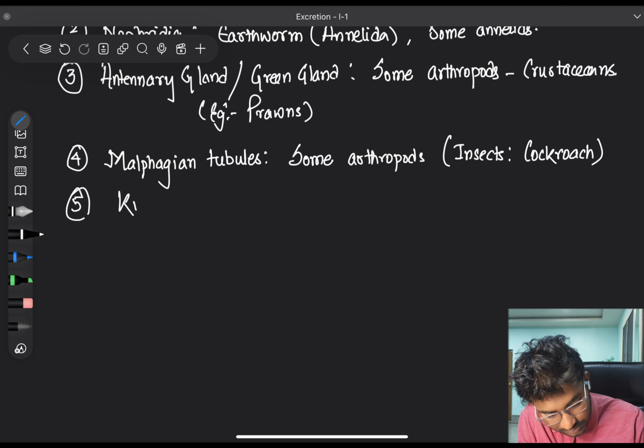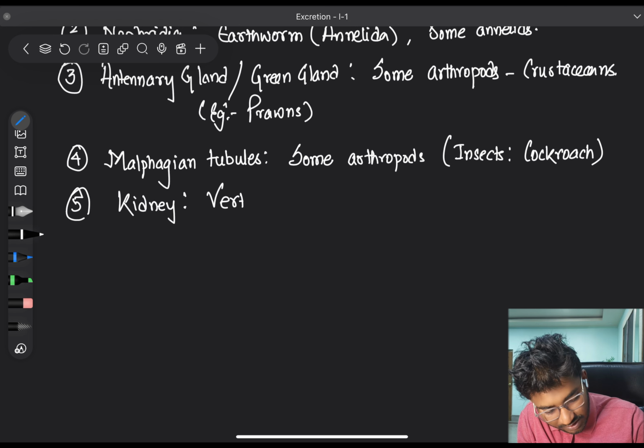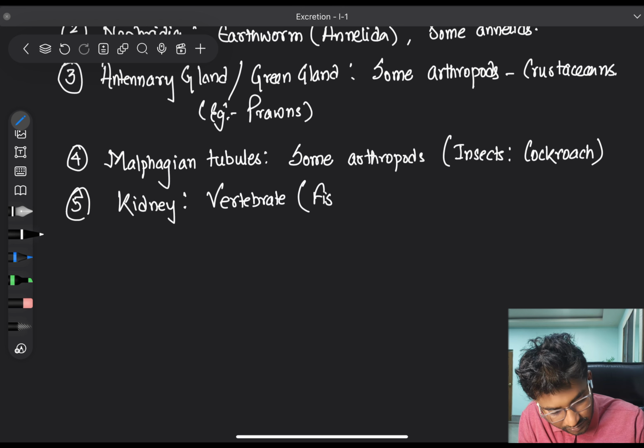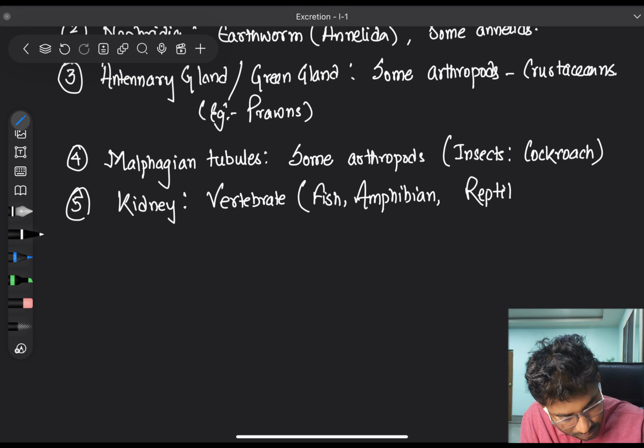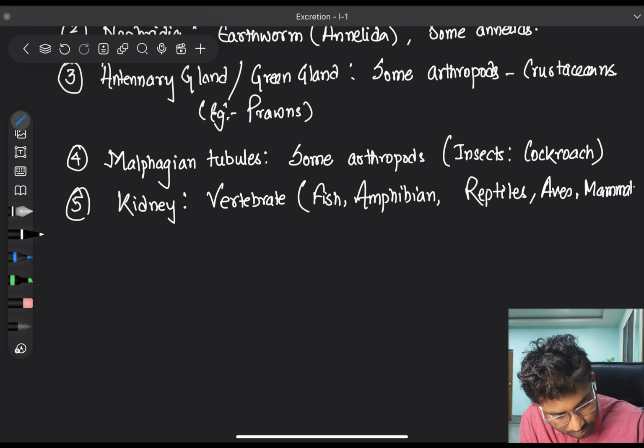And the 5th one is kidney: vertebrates, fish, amphibians, reptiles, aves, mammals.